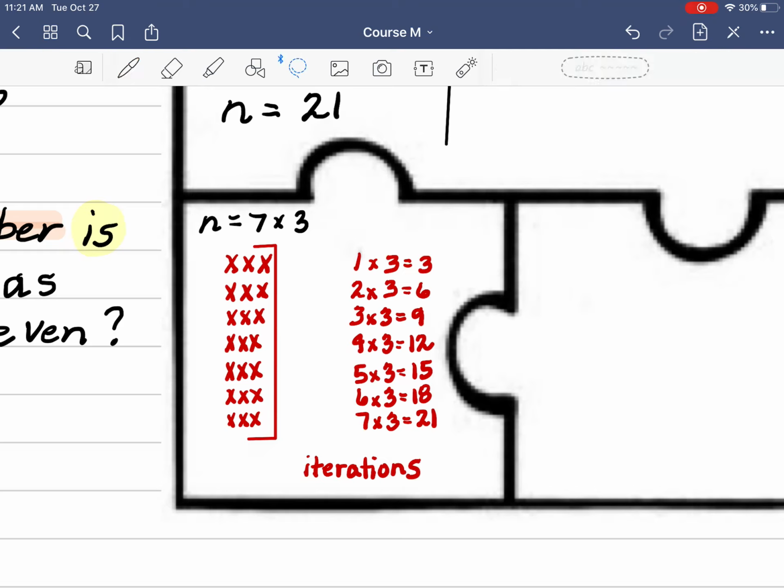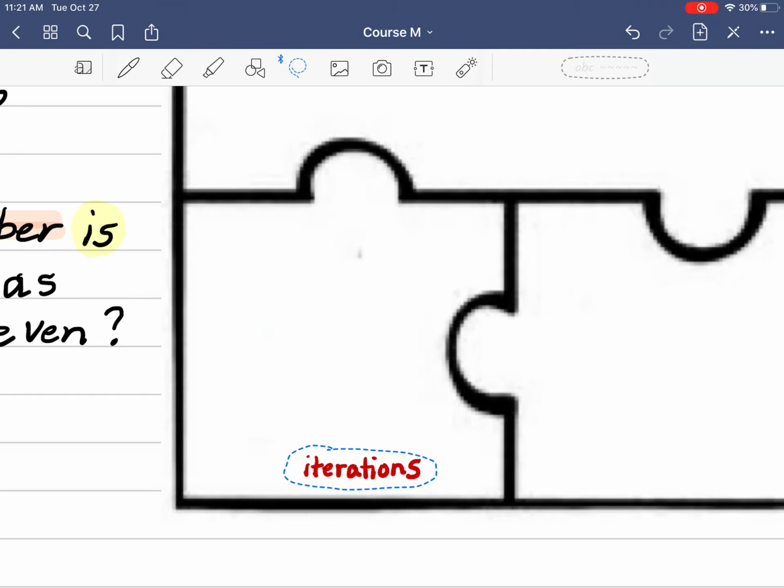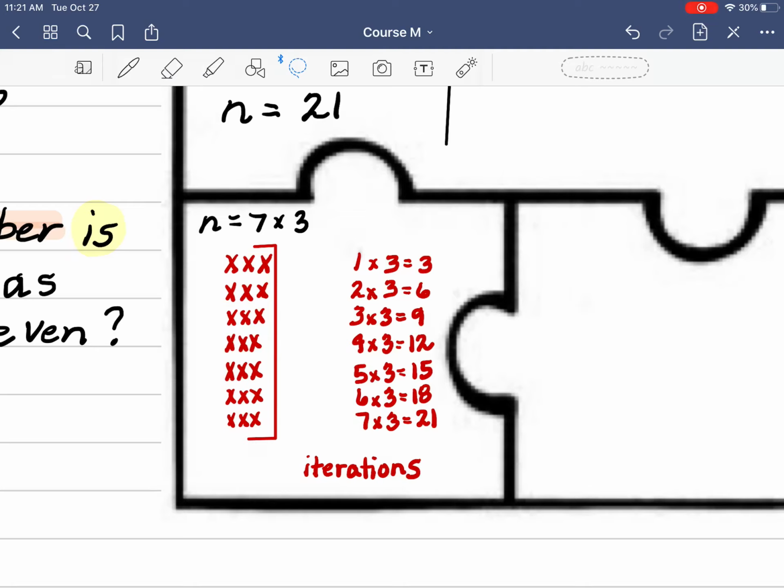So we have 7 iterations of 3. And I'm going to leave that alone. Thought I could turn it around, but we have 7 iterations of 3. And that gives us a final answer of 21.